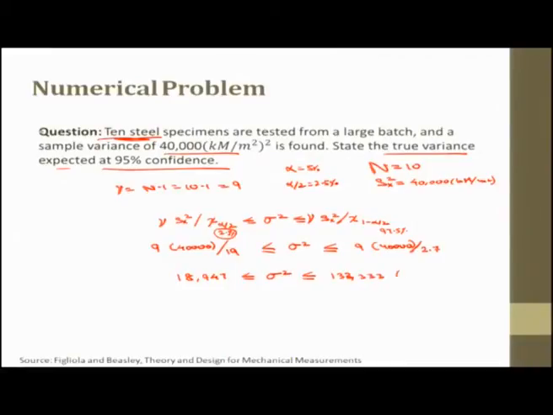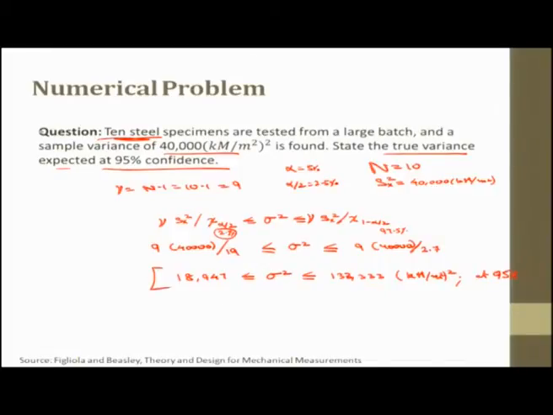I can put the units for the variance as well, kilometer per meter whole square, because the variance is squared, at 95%. Okay. Now, this precision interval about the variance is due to random chance, and as n becomes larger, the precision interval narrows as our sample approaches the population.